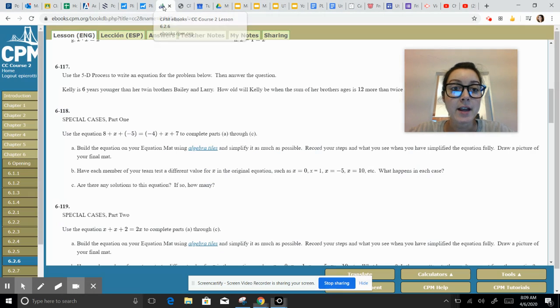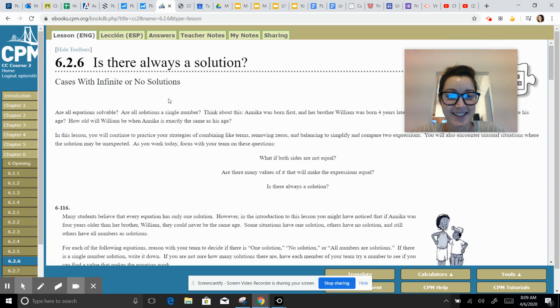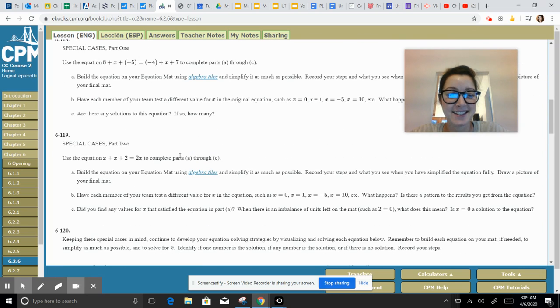The other type of special case that we're going to look at is going to be no solution. Let me show you what that looks like. Same thing, we're going to build this equation. I'm going to write it in my notebook, and then I'll give you a second to pull it up with the algebra tiles.